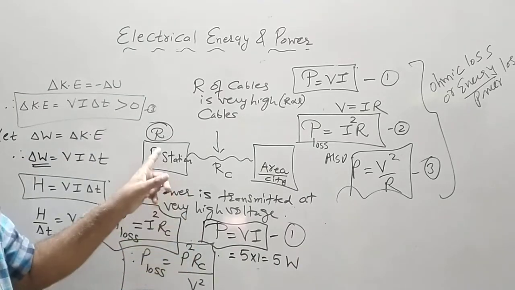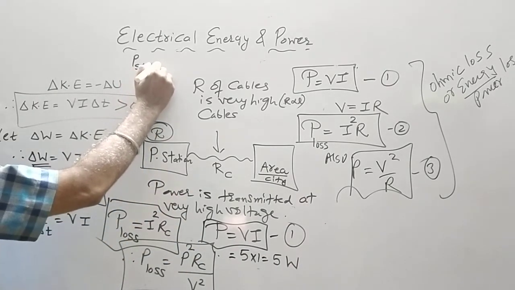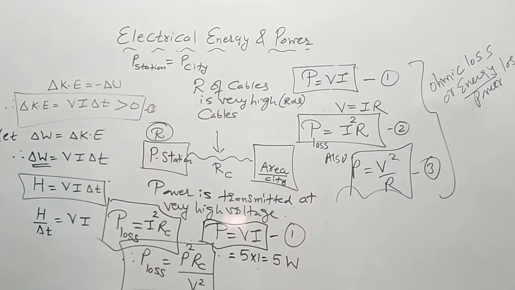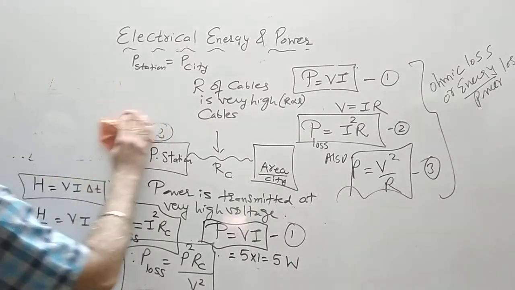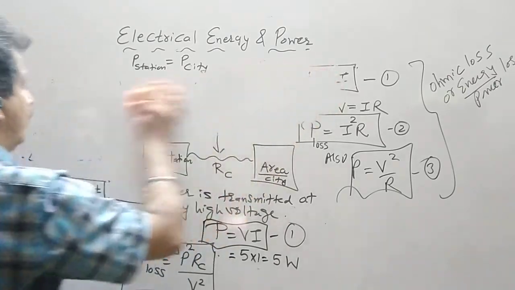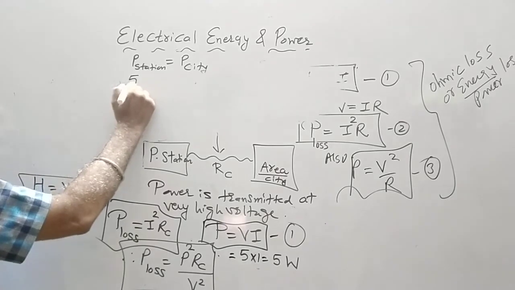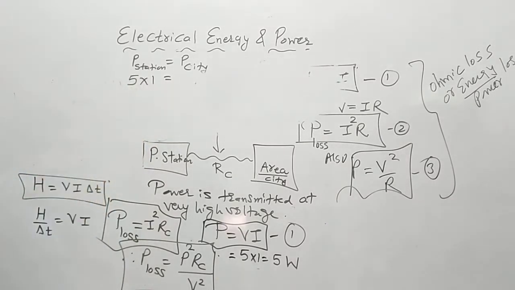Now the power at one end, that is power at the station, should be equal to the power requirement of the city. A city requires 5 watt of power. So the power station generates 5 into 1, that is 5 volt into 1 ampere.